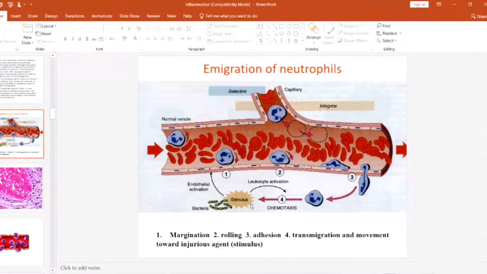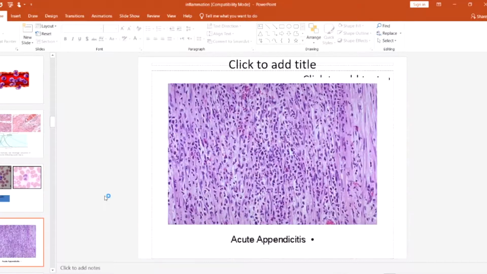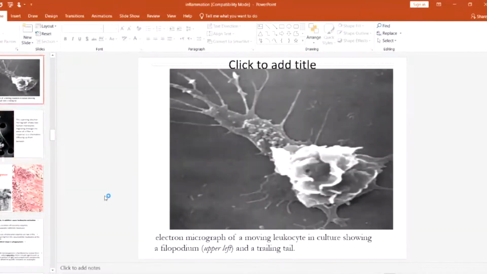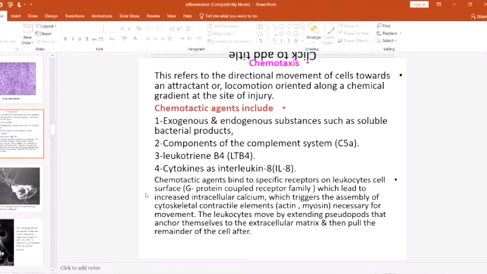How? Now the chemotactic factors, let's see them. I explained them, but I think at the end, maybe quickly, or maybe you feel tired and did not memorize it well. So now chemotactic agents are bacterial products.